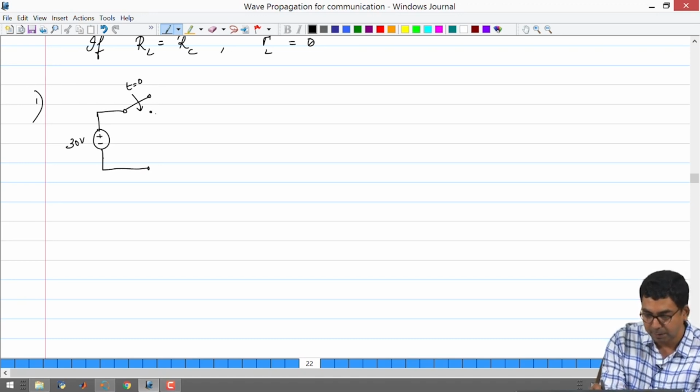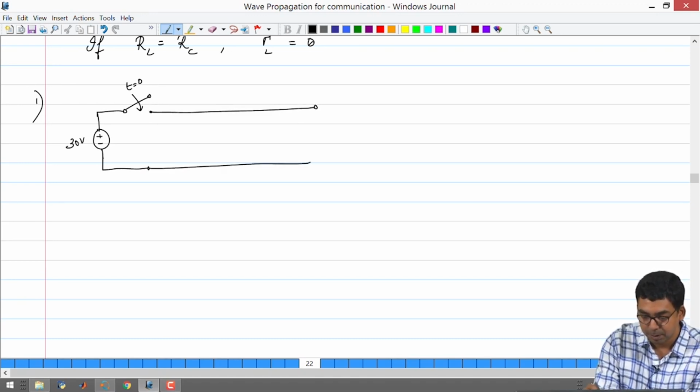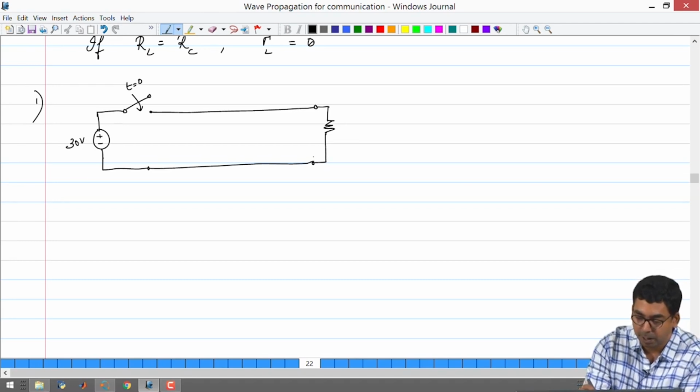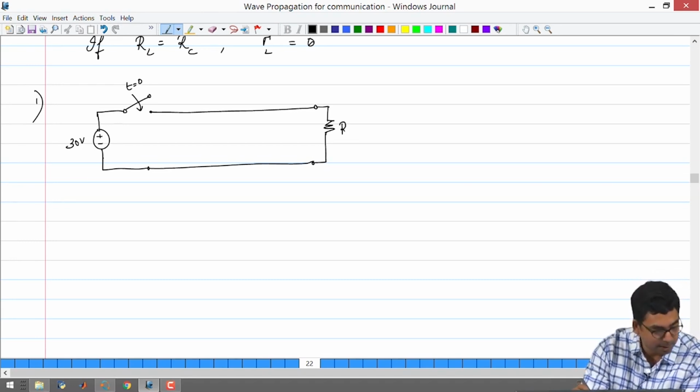I have a transmission line. And I have a load resistance. The value of the load resistance that's given is 100 ohms.